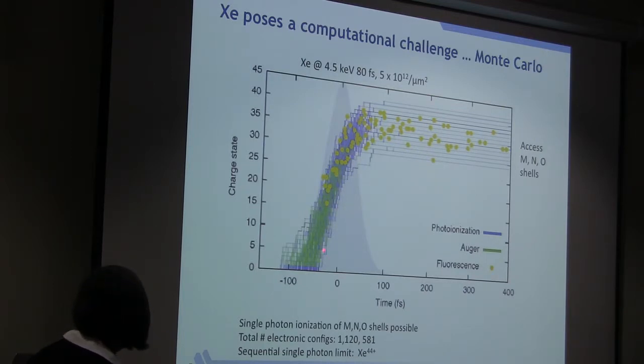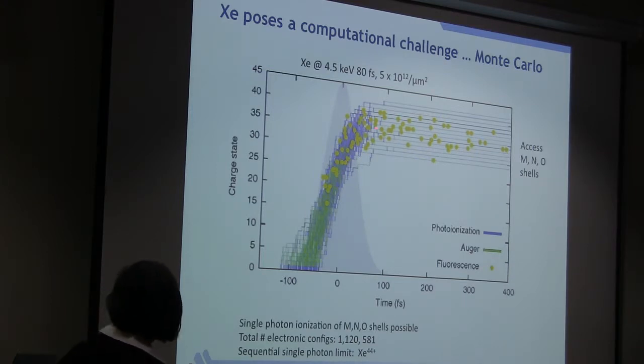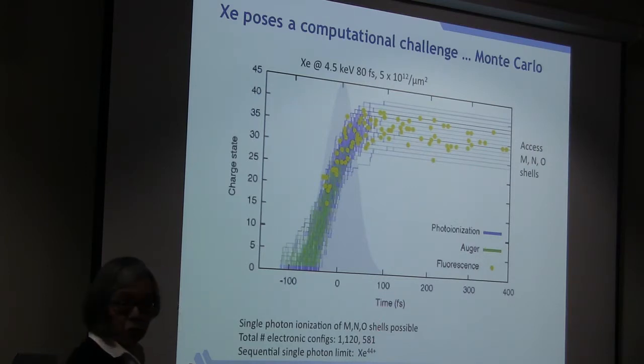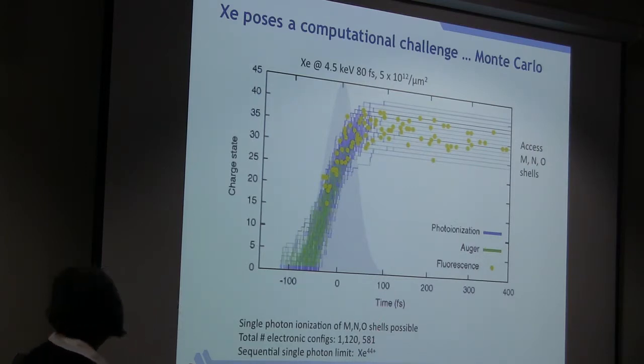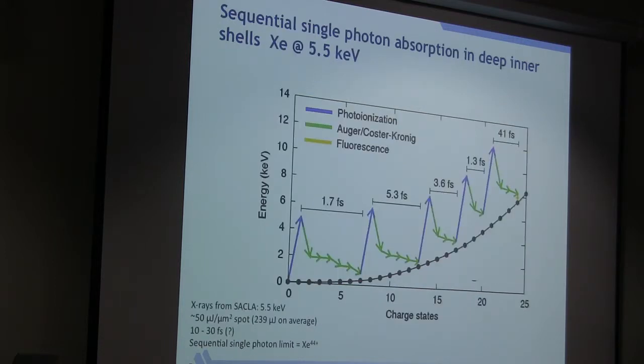And so you start out with photoionization that causes all these OJs. And then eventually, when you get up to higher charge states, you can start to have fluorescence come into play. But if you can saturate out, then you can get all the way up to xenon 44+ with this one pulse. But the total number of electron configurations is huge, and so the Monte Carlo technique was used to do that.